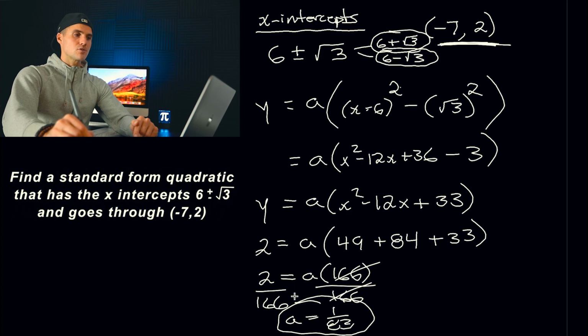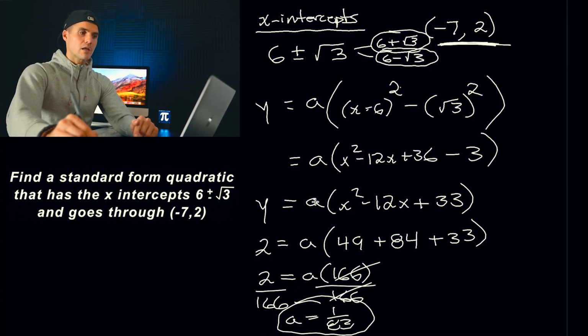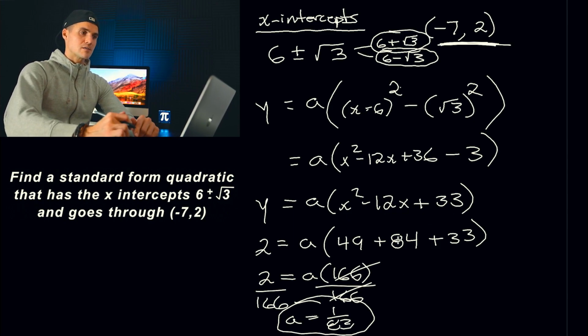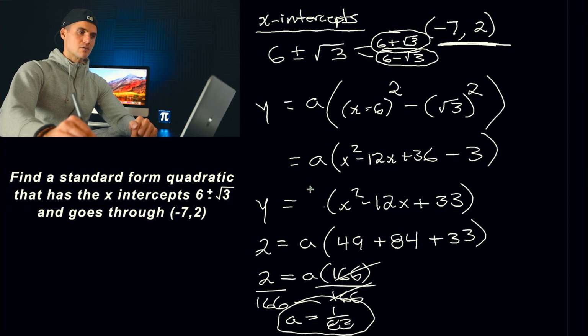So that a value, we could actually just plug in here for this simplified quadratic. Actually, let's just erase this a value, and then I'm going to plug in this 1 over 83 for the a value that we got there.